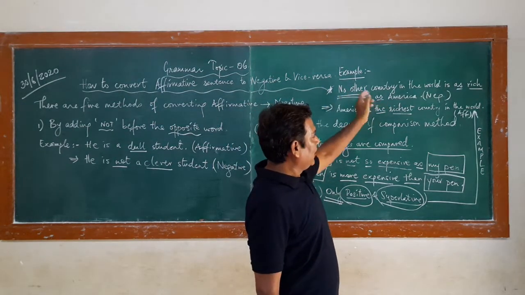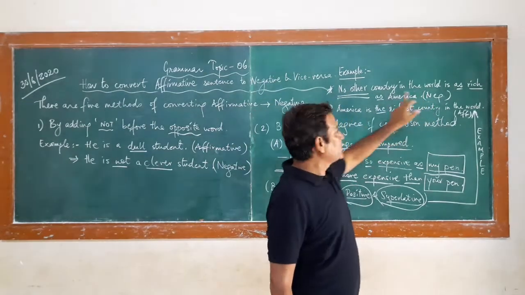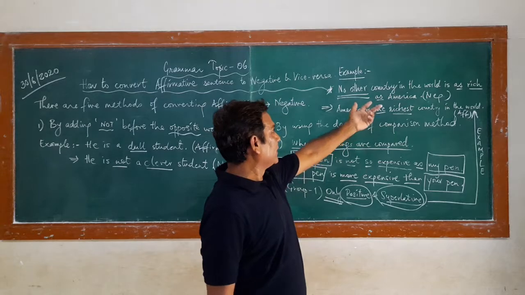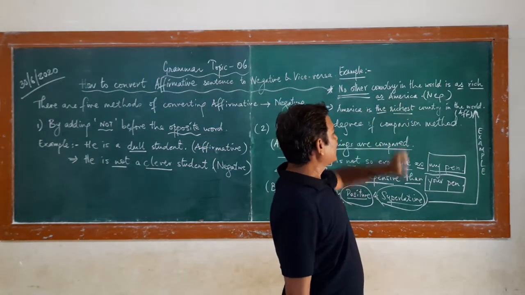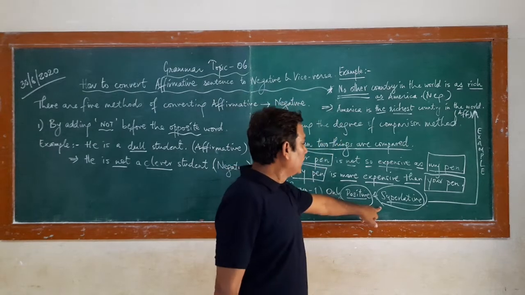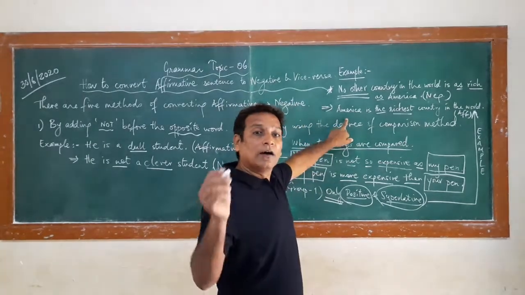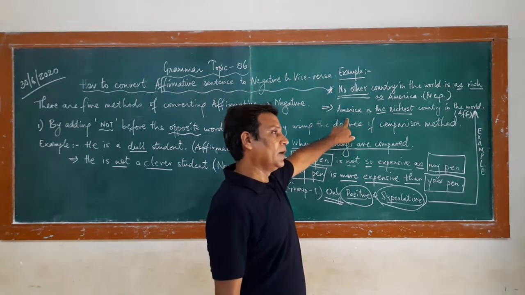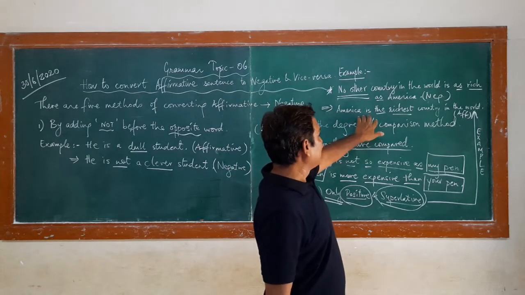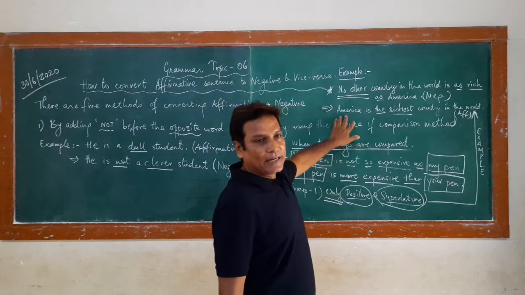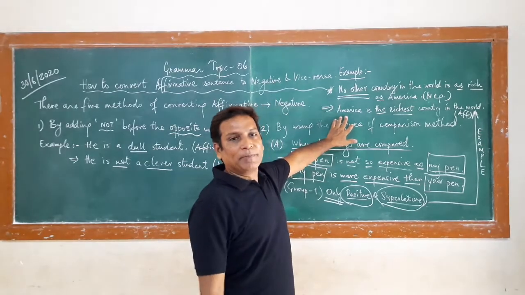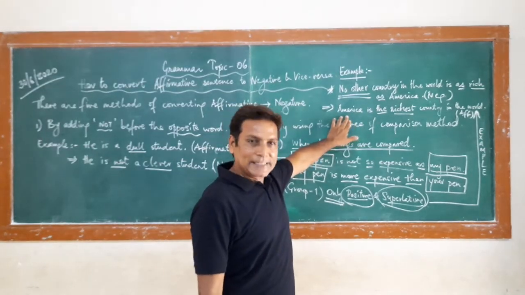So in that way, we can say that it is a negative sentence: no other country in the world is as rich as America. And the superlative one, America is the richest country in the world. So here in this sentence there is no negative meaning, and when there is no negative meaning, it means it is an affirmative sentence.